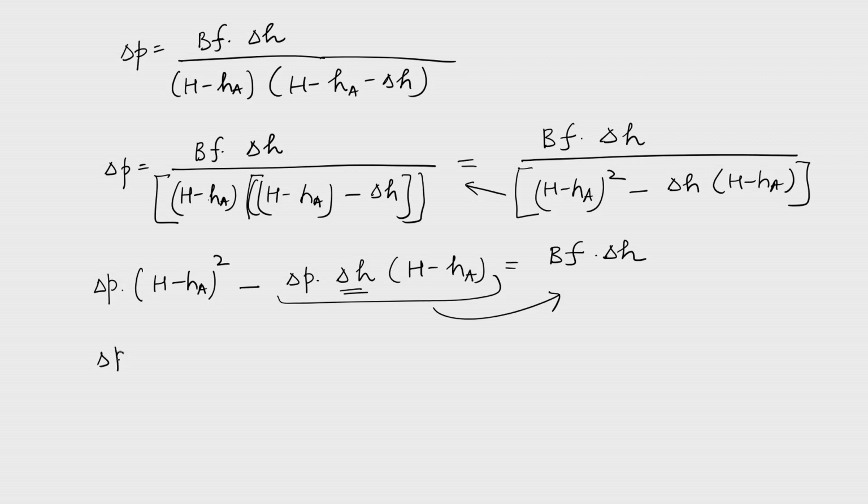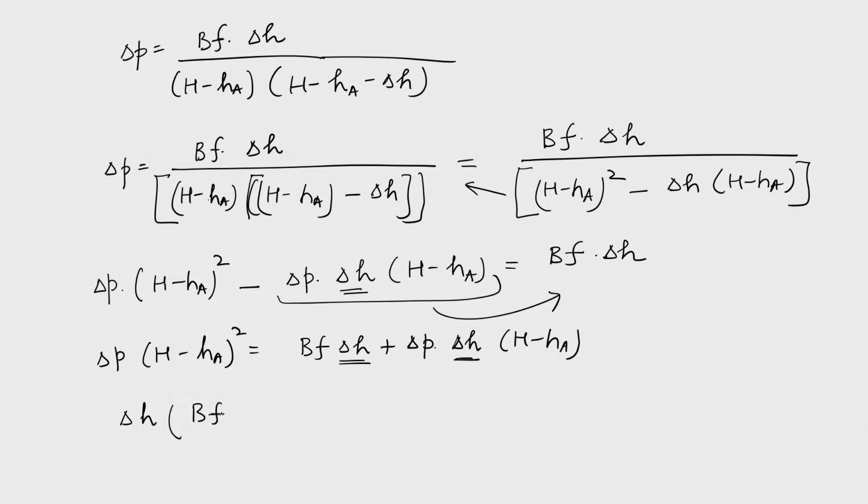Once you shift it, you will get H A. Okay, I take this term common, and then I can write here delta H into B F plus delta P into H minus H A equals delta P into H minus H A whole square.